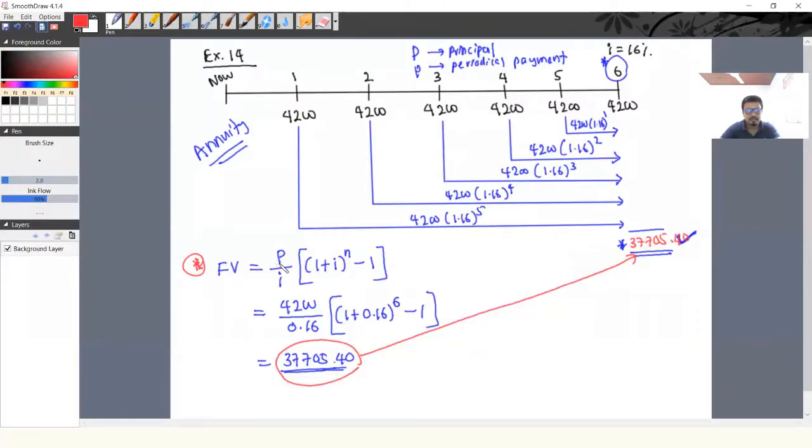It's a matter of identifying whether it is an annuity or not. That is the first thing. Then substituting figures for the given formula.